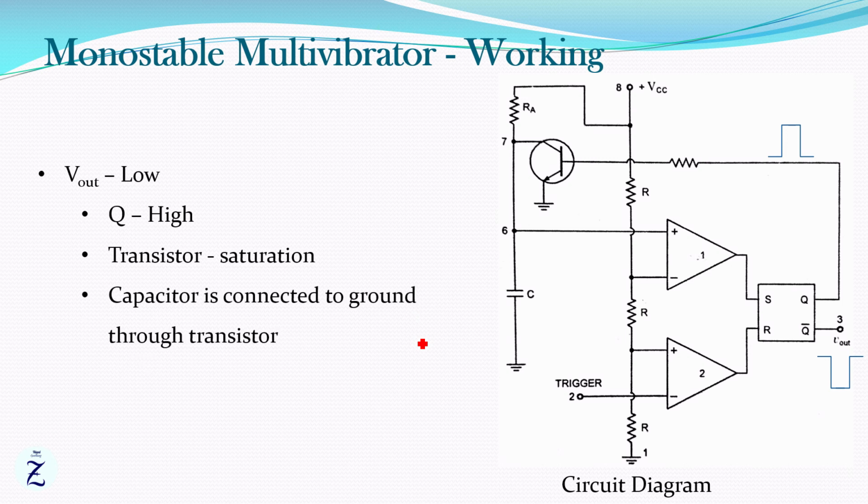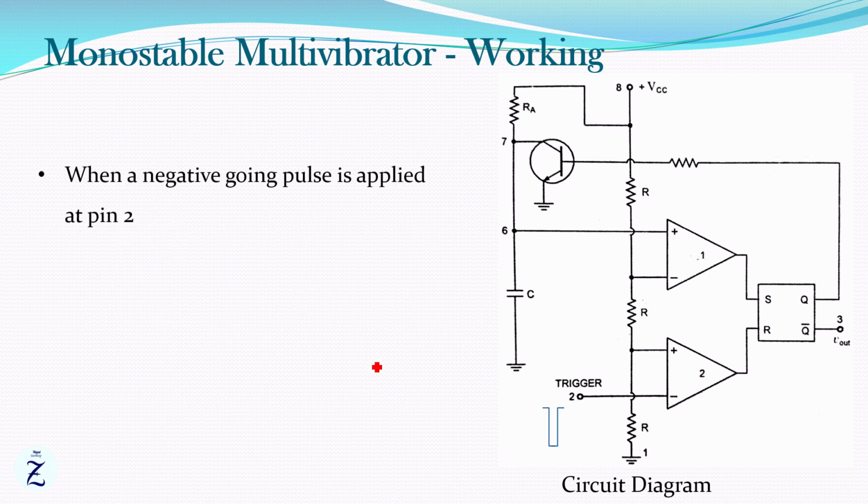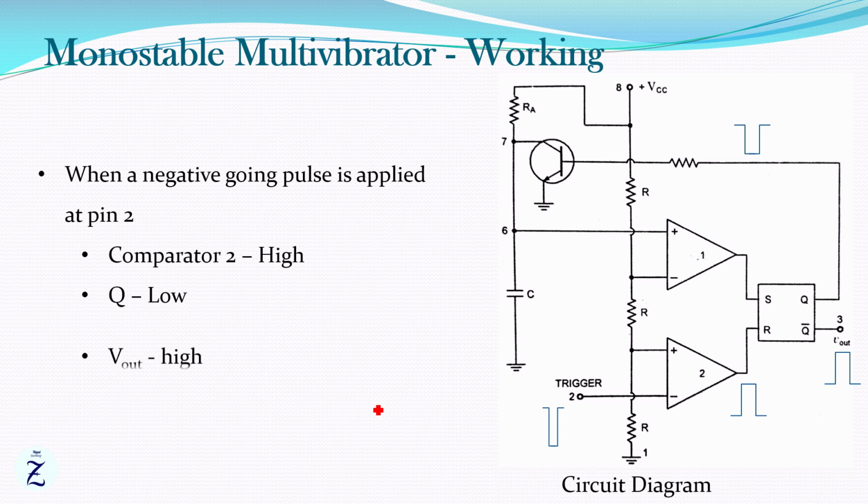When a negative going pulse is applied to pin number 2, the trigger input falls below 1 by 3 VCC, the comparator 2 output goes high, which resets the flip-flop, hence Q becomes low. So the output becomes high and the transistor turns off. This is the transition of the output from stable state to quasi-stable state.